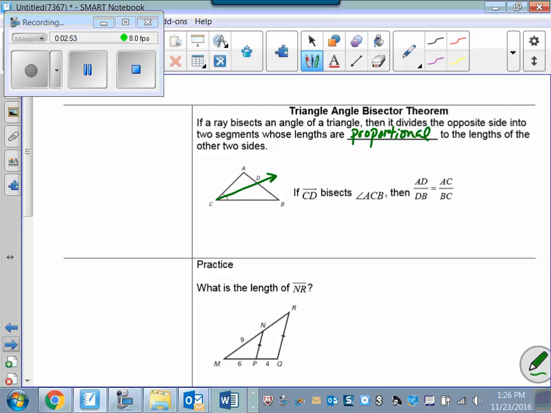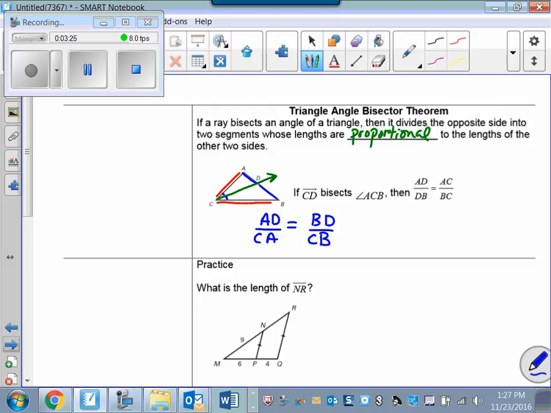So look here, if CD bisects angle ACB, and we know it does that because these angles are marked as congruent, then I know that AD is to DB as AC is to BC. Or I could have written it this way. I could say AD is to CA as BD is to CB.